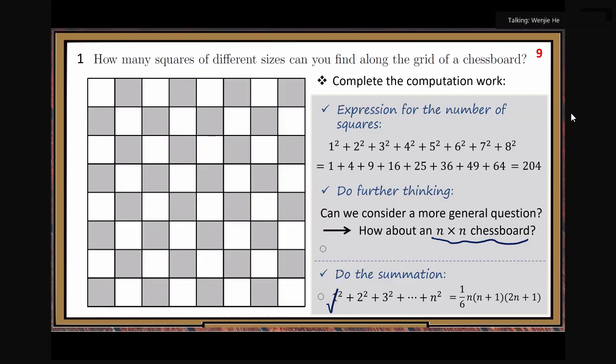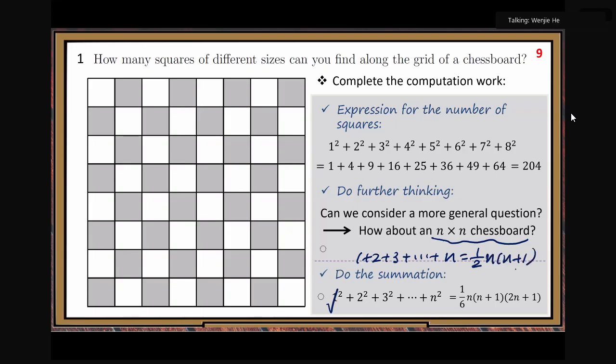In discrete math, you learn the formula 1 plus 2 plus 3, right? This summation formula you learn in discrete math. Do you still remember that simple formula? It's 1/2 times n times n plus 1.